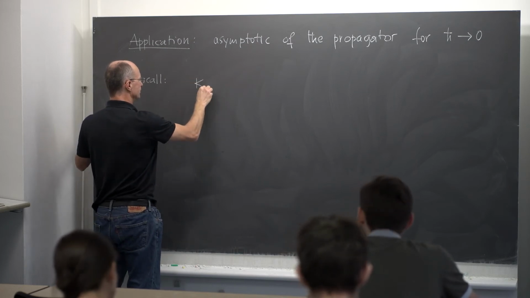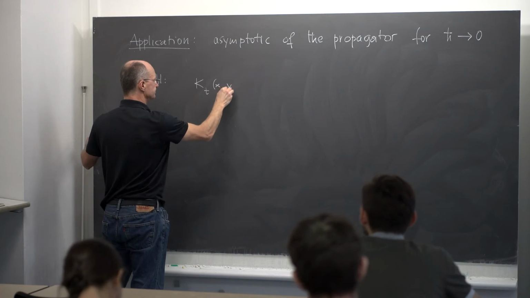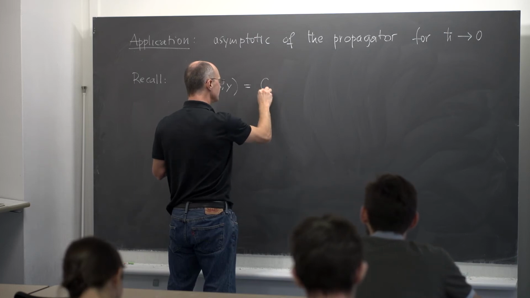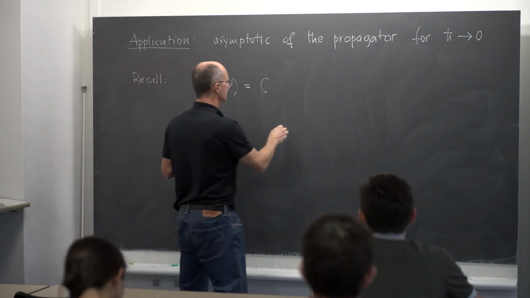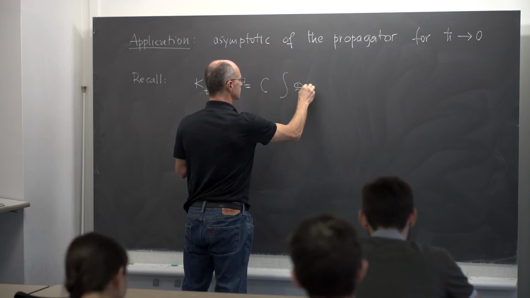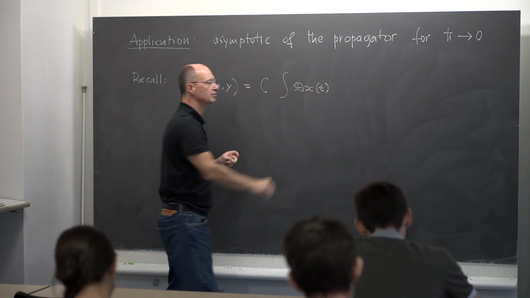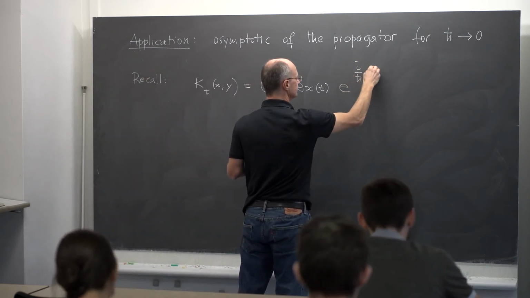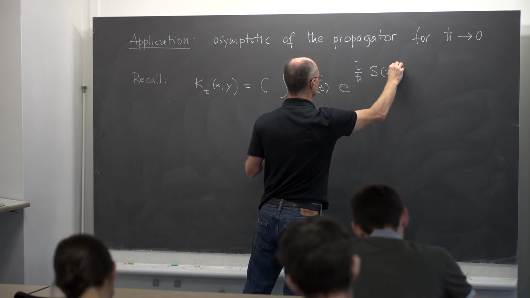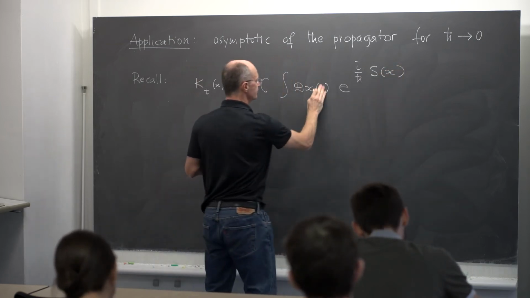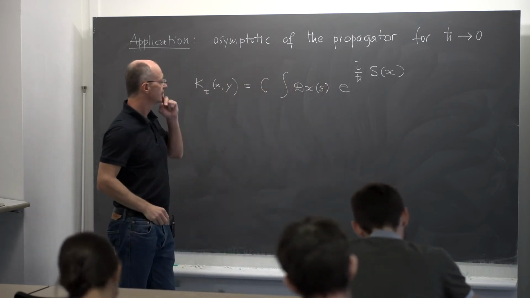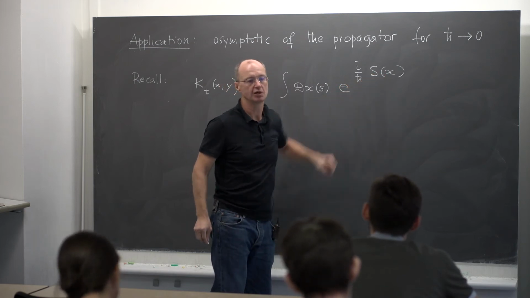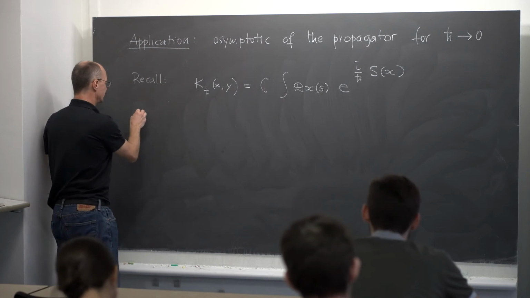So that's the formula for the propagator, which gives it as a constant times the Feynman path integral over trajectories. So the path integral over trajectories, and here the exponential of the functional, which is called the classical action.